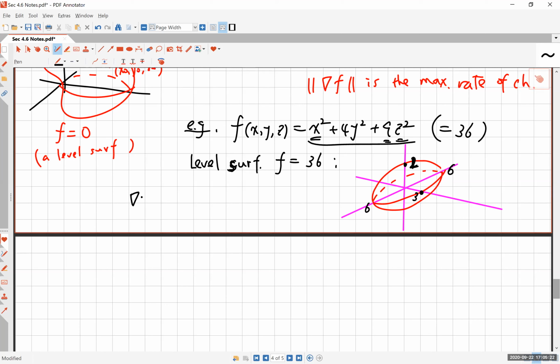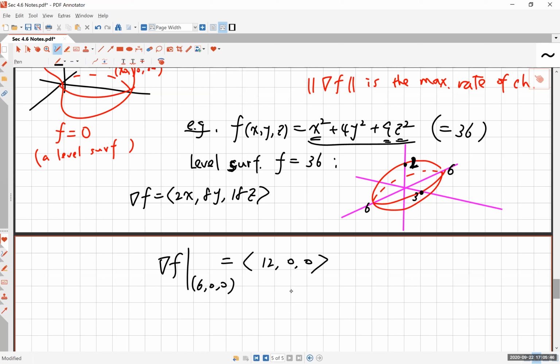Now, if you were to find the gradient, what is the gradient here? It's 2x, 8y, 18z, okay? So for instance, this evaluated at, let's say 6, 0, 0, that's a point on this surface, is going to be 12, 0, 0. And so I'm going to shrink this, but the graph will look like this. That's the gradient at 6, 0, 0.